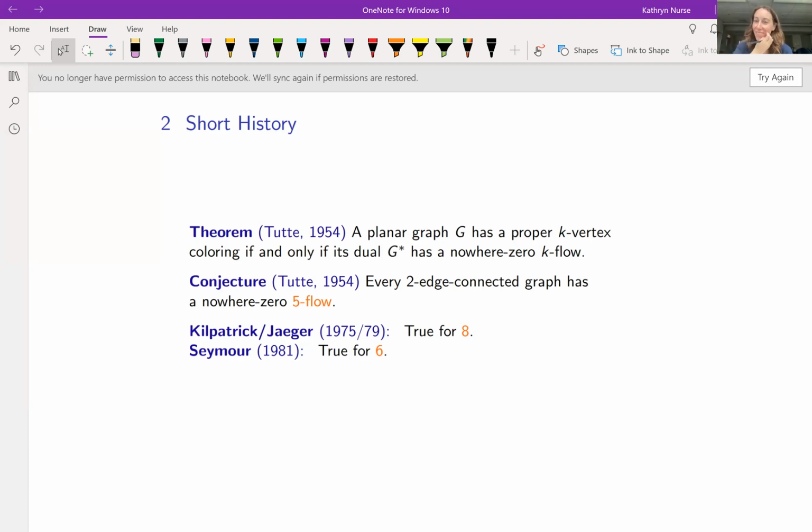I actually haven't found it. Yeah, but they didn't know about each other. Jaeger didn't know about Kilpatrick. Isn't Kilpatrick an Australian? That sounds right. I'm not too sure. I could post it to the. Yeah, that's fine.